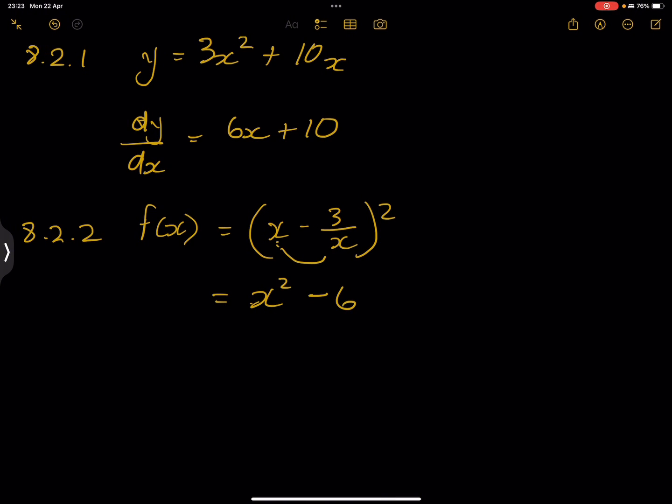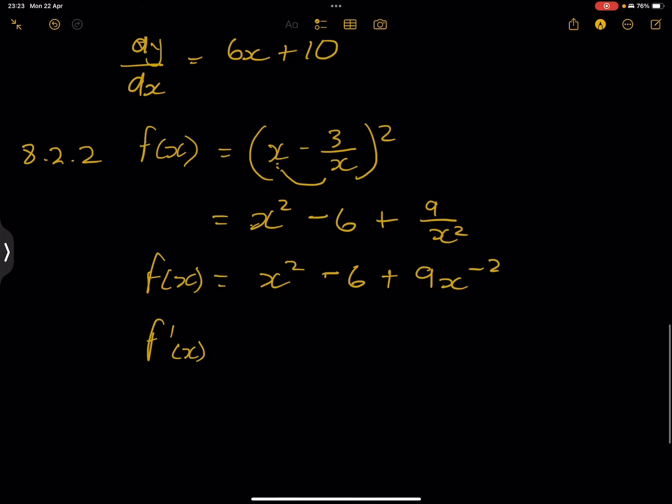Okay, plus this will be 9 over x squared. Now let's try and simplify so that we don't have any x's or variables at the denominator. So this will be x squared minus 6 plus 9x to the minus 2. So that's f of x, right?